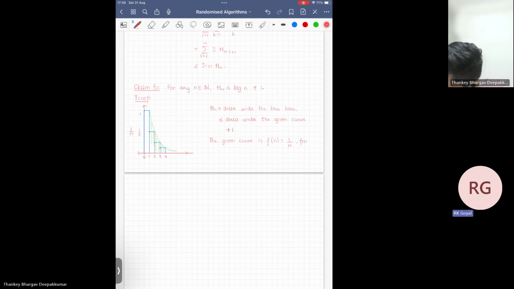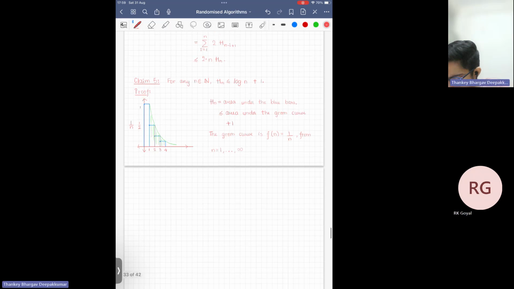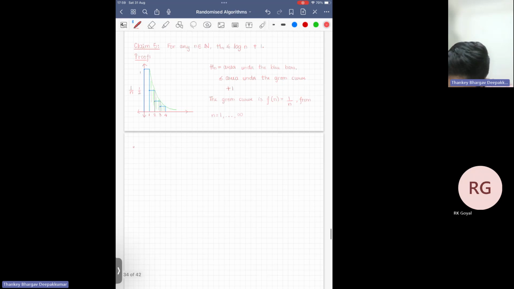I was thinking of 1 upon n plus 1 and 1 by n, and not n plus 1. No, it's okay. It is Fn is equal to 1 by n, where n varies from 1 to n.